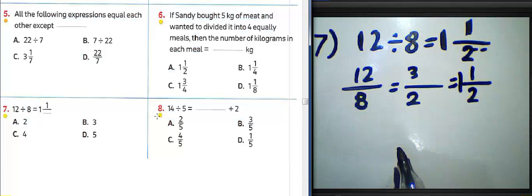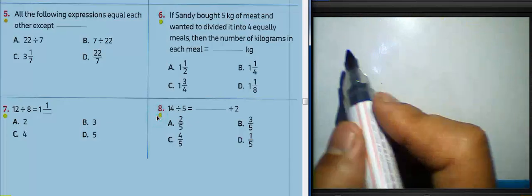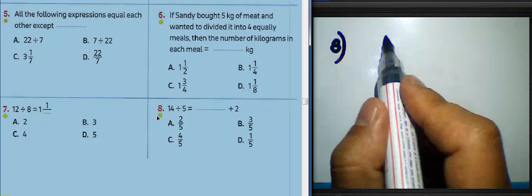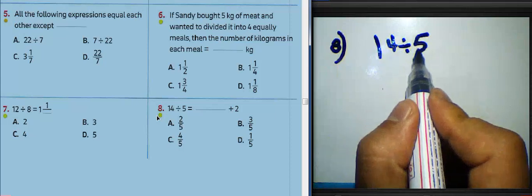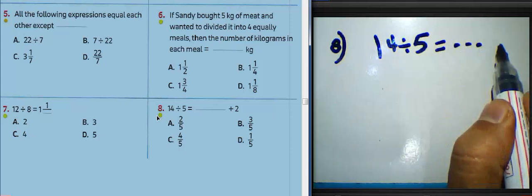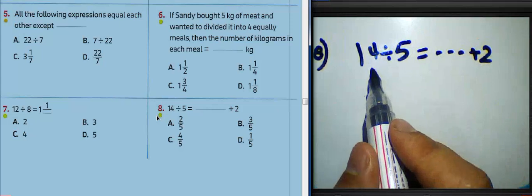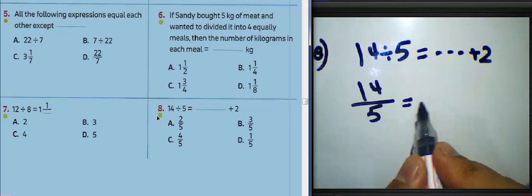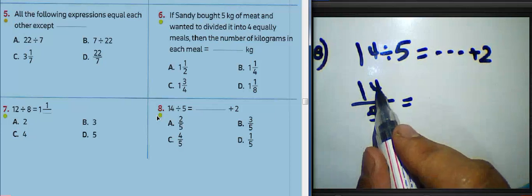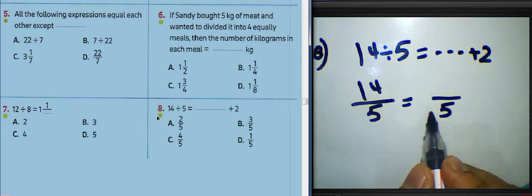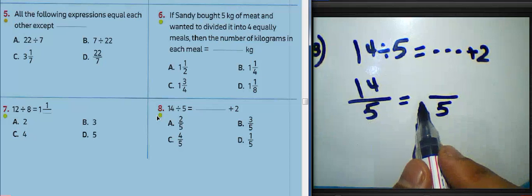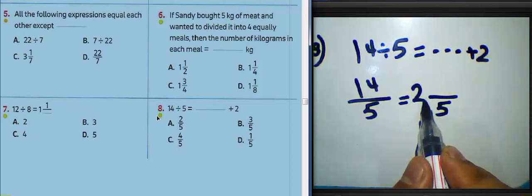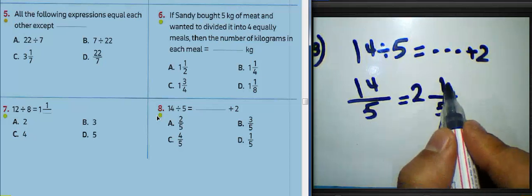Question number 8. 14 divided by 5 equals space plus 2. We know 14 divided by 5 equals what? We must convert this improper fraction to a mixed number by dividing. 14 divided by 5 equals 2, because 2 times 5 equals 10 and the remainder 4.